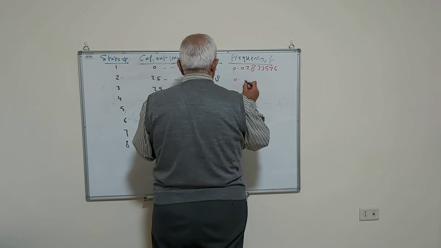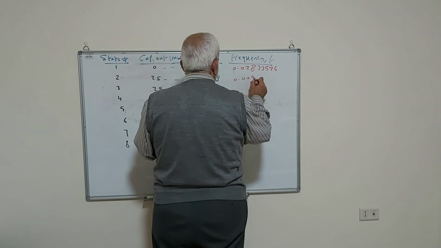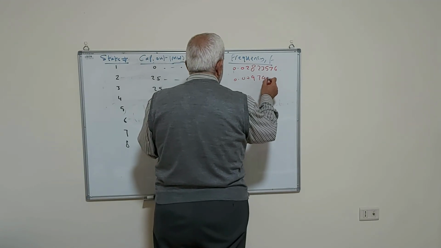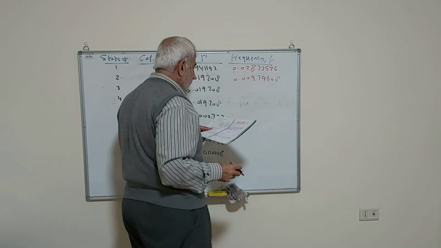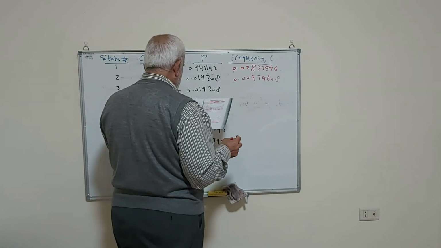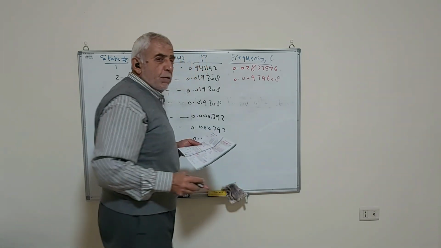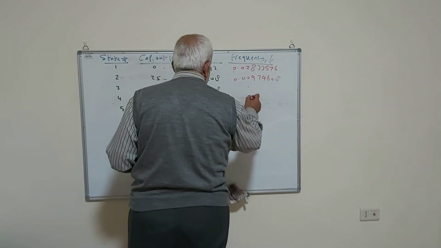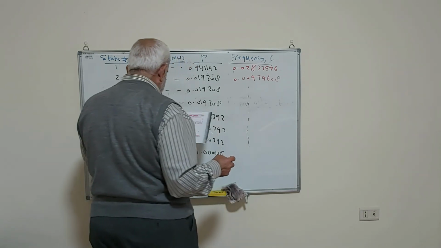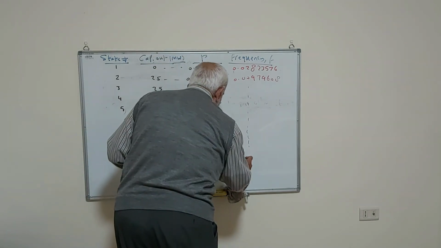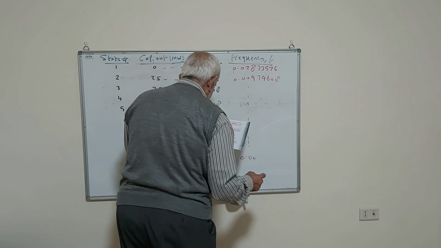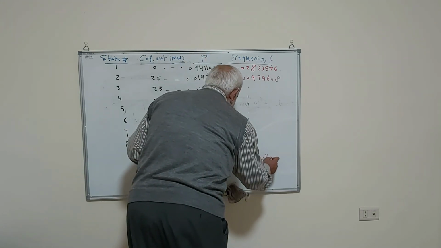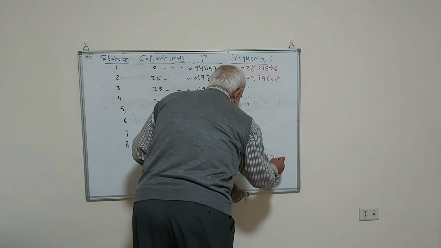We have 0.0097608, and we can leave the rest for you to evaluate by using the state space diagram. If we carry on, we can find the frequency at the end here is equal to 0.0001176.